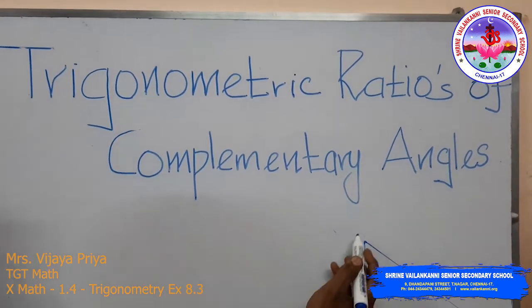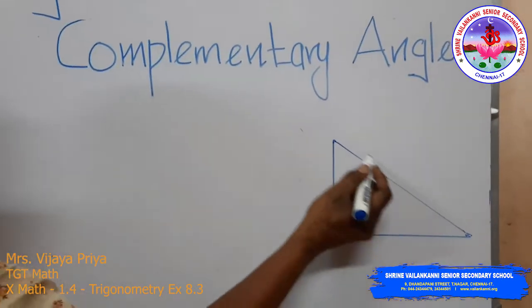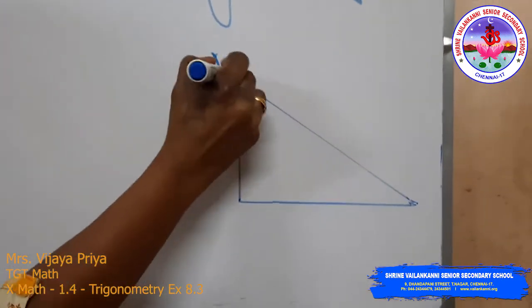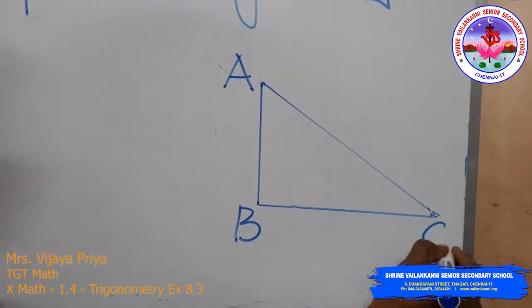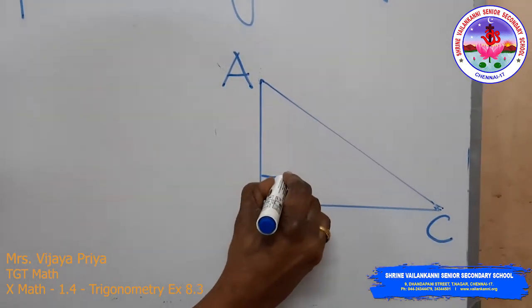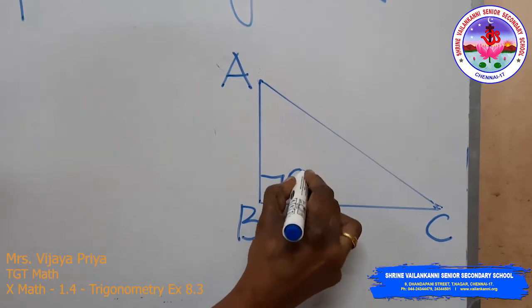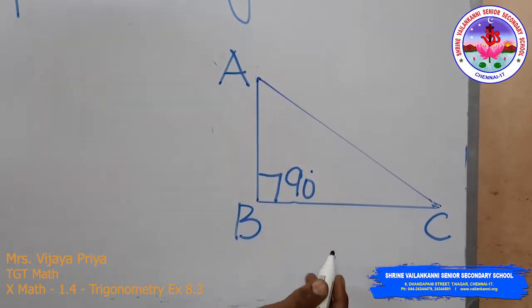Let us draw a right angle triangle ABC, which is right angled at B. So angle B is 90 degrees.